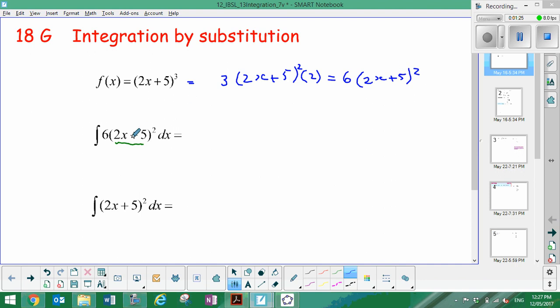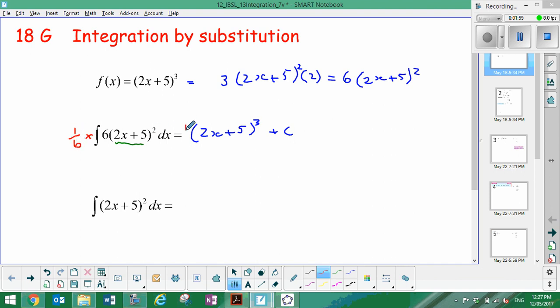So if I wanted to integrate 6 times (2x plus 5) all squared, we know that comes to exactly (2x plus 5) cubed plus c. Then we asked, what if I just want to integrate (2x plus 5) squared and I don't have that 6 at the front? With this equality, we can just multiply both sides by 1/6.